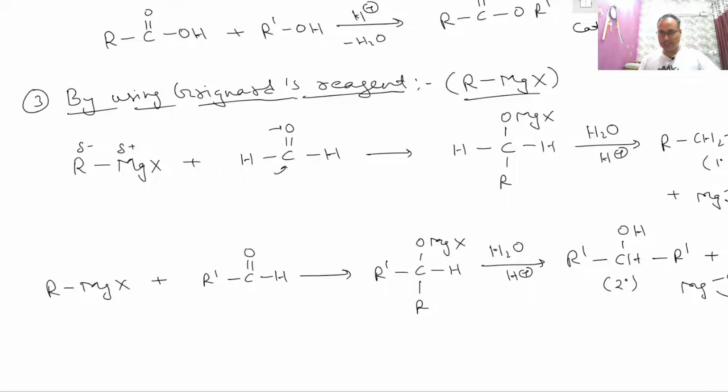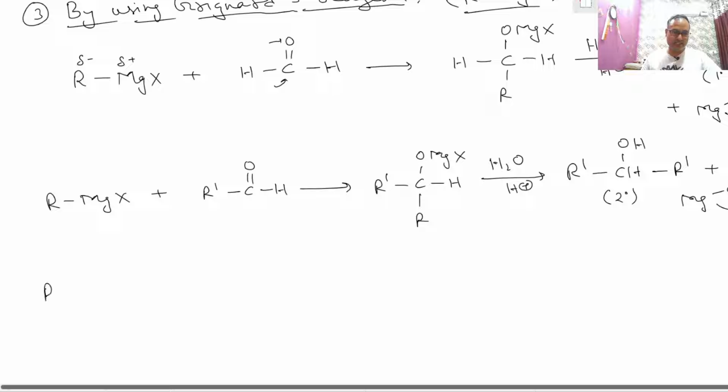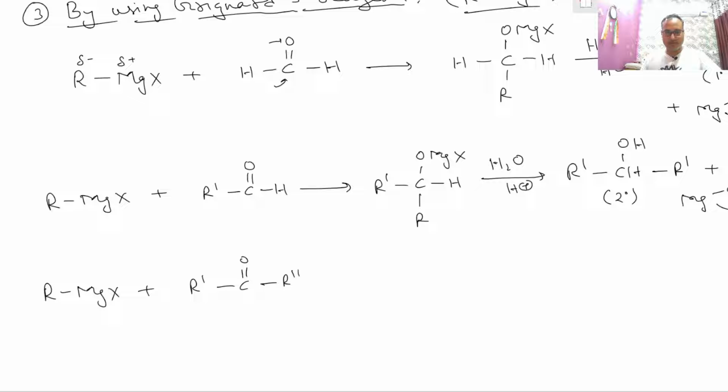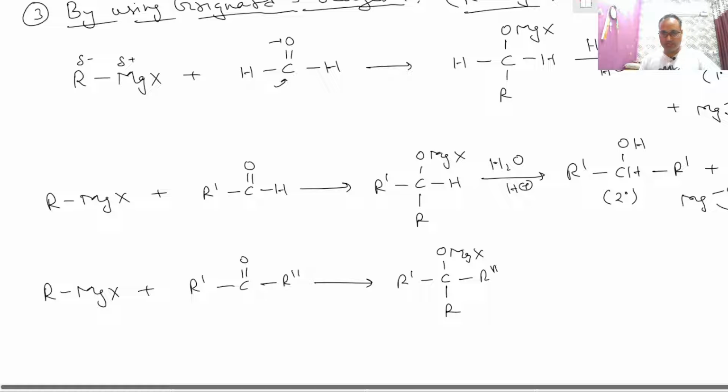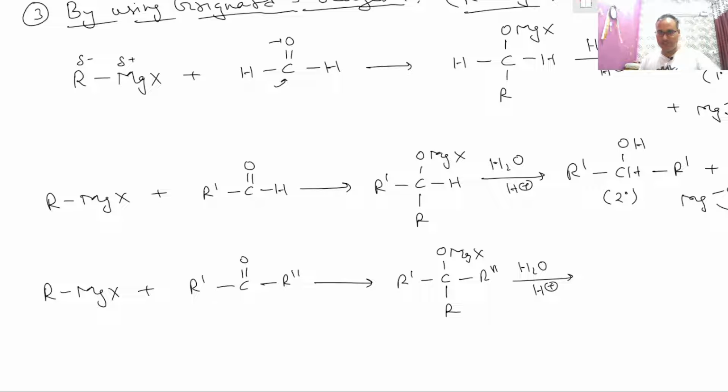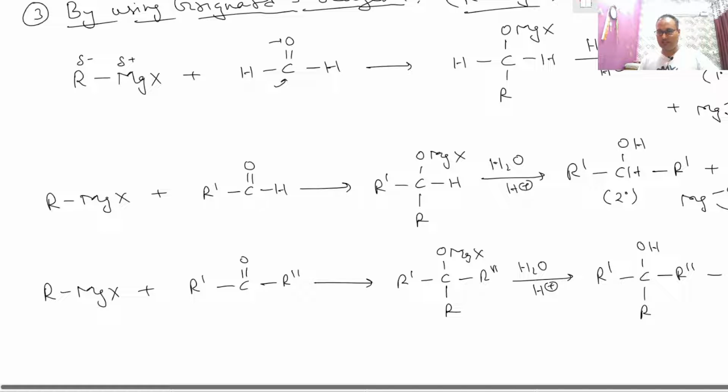So over here we will be getting a secondary alcohol. And if we react this Grignard reagent RMgX with any ketone, that is R' C double bond O R'', suppose this is a ketone, then the addition product formed would be OMgX, R'' over here, and over here is the R. Followed by hydrolysis, H2O in acidic conditions, we will be getting R' C OH R'', and over here is the R, plus the side product MgOHX.